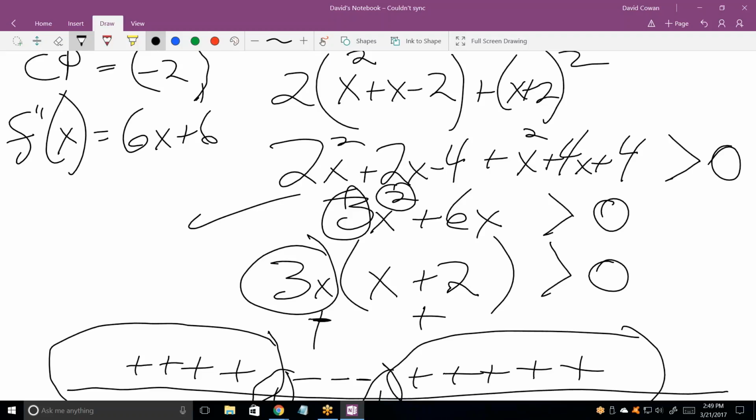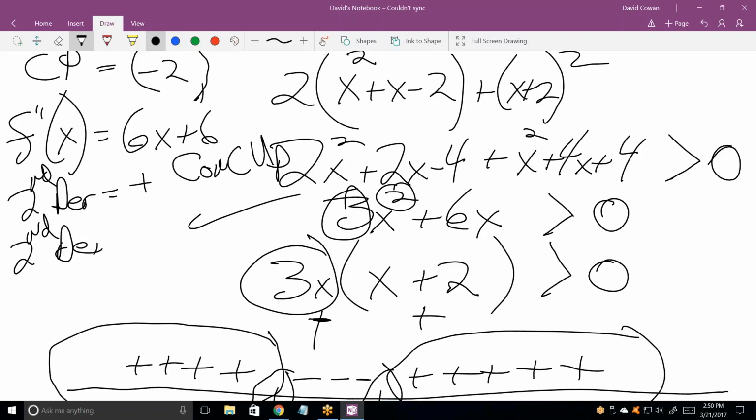However, there is also something called a second derivative test for whether you're looking at a maximum or a minimum. The second derivative test is, if the second derivative is positive, then it's concave up, matching positive. If the second derivative is negative, then it is concave down.